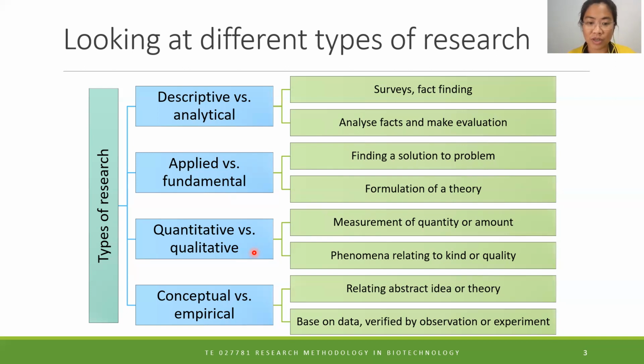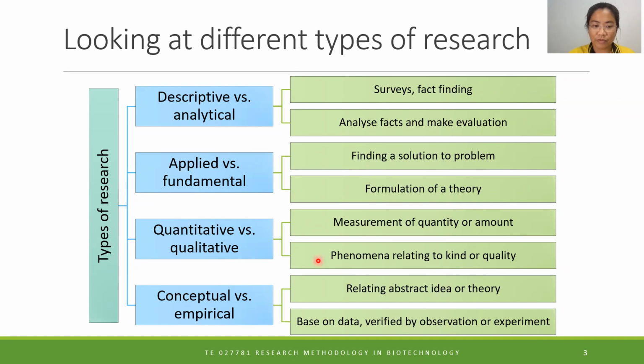Judging from the two words, if it is quantified, that means you have to have some measurable number, and the other one is just to say whether it's good or bad. That's a basic thing about looking at the word only. So these two types of research: one would be a measurement of quantity or amount that is direct, that is very clear that it is a quantitative research.